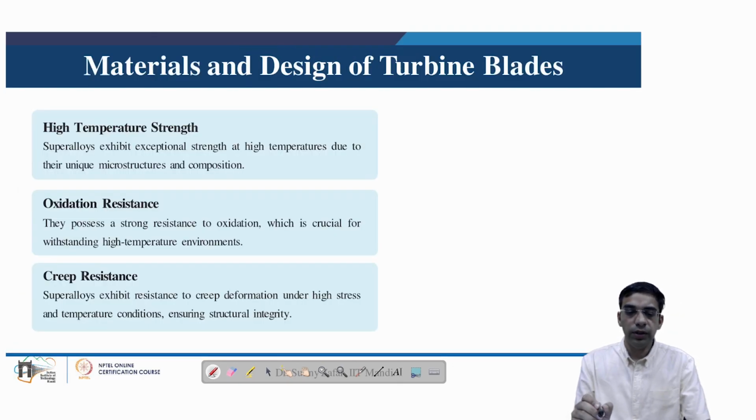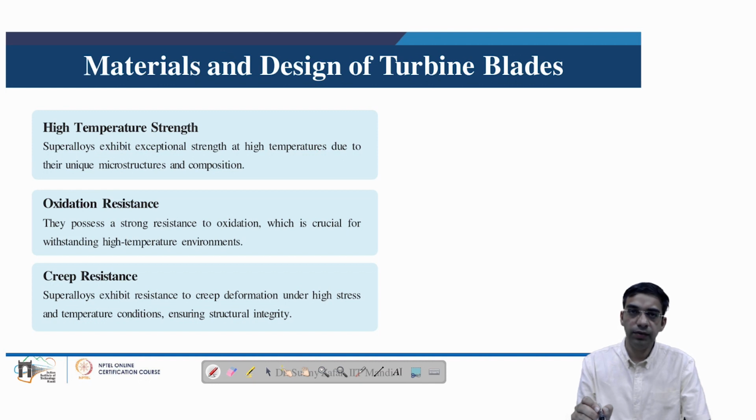So now if we look closely at the materials and design of the turbine blades, we understand the challenges in operation of a gas turbine, which include high temperature. So the high temperature strength should be there in the materials which are used to make the gas turbine.